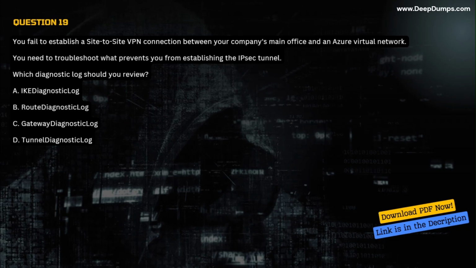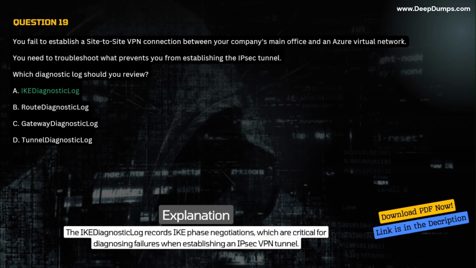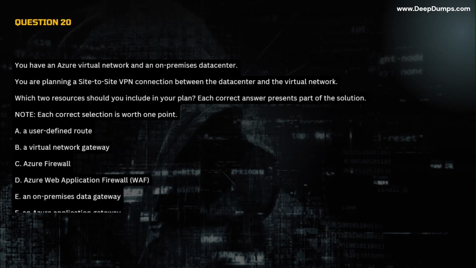C. Gateway diagnostic log. D. Tunnel diagnostic log. Correct answer: A. IKE diagnostic log. Explanation: The IKE diagnostic log records IKE phase negotiations, which are critical for diagnosing failures when establishing an IPsec VPN tunnel.